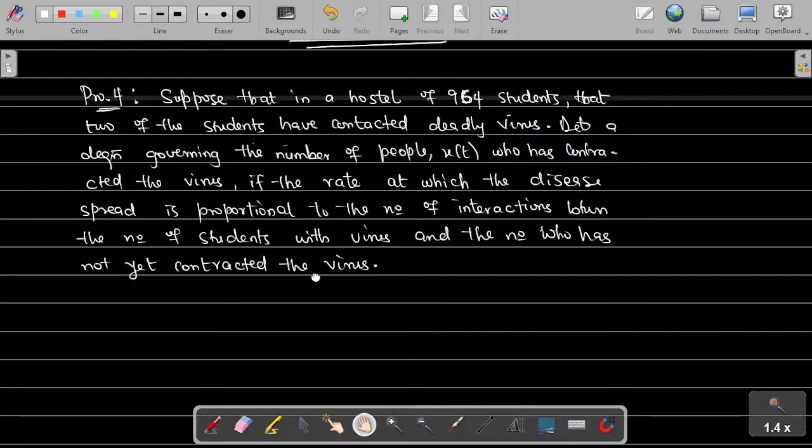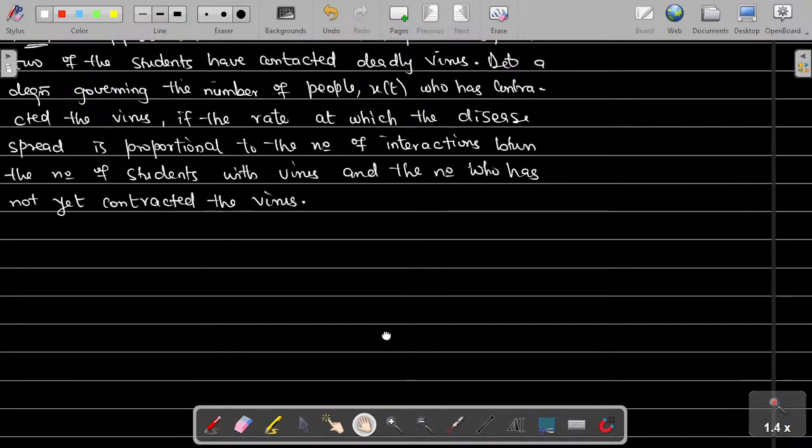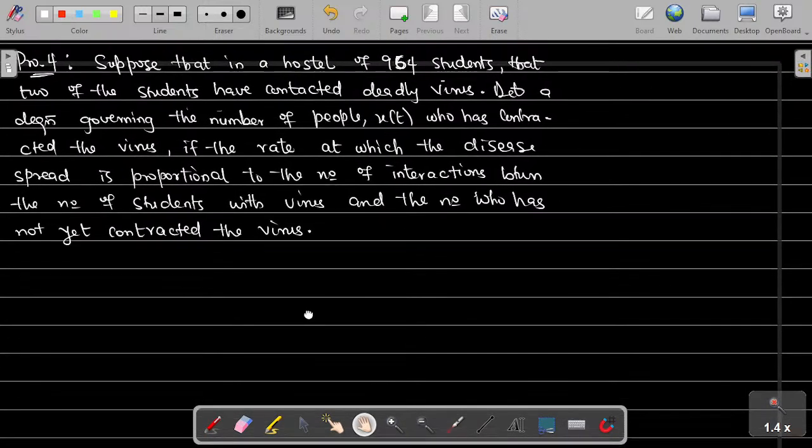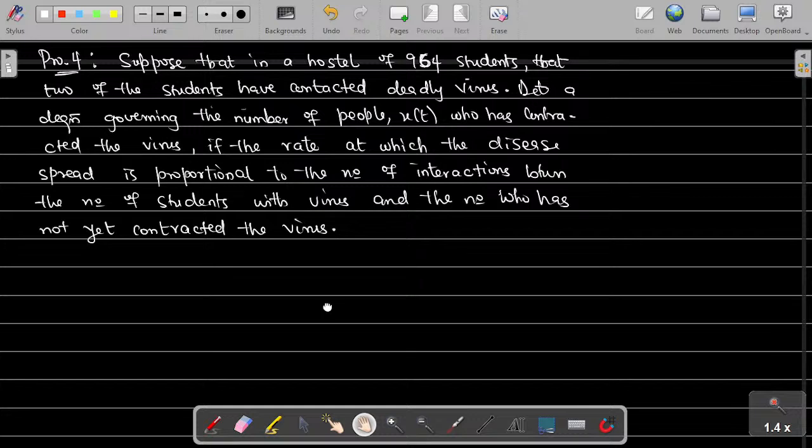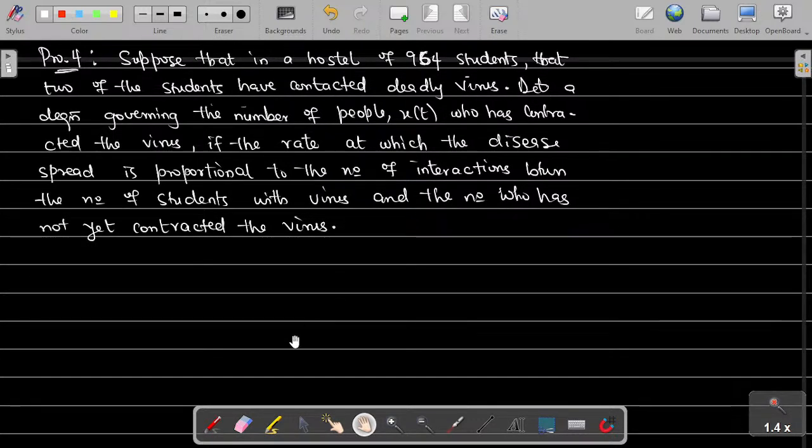The question says that suppose that in a hostel of 964 students, 2 of the students have contracted, I think that's what it should be, contracted, not contacted. So R is missing there. So contracted a deadly virus.